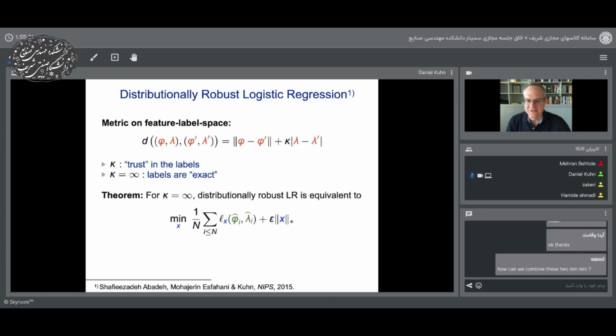There's a theorem for that. So that gives us a theoretically sound explanation for why regularization may work well in practice. That's something that is done always in statistics, right? So we give a probabilistic interpretation of regularization in terms of Wasserstein distributionally robust optimization.